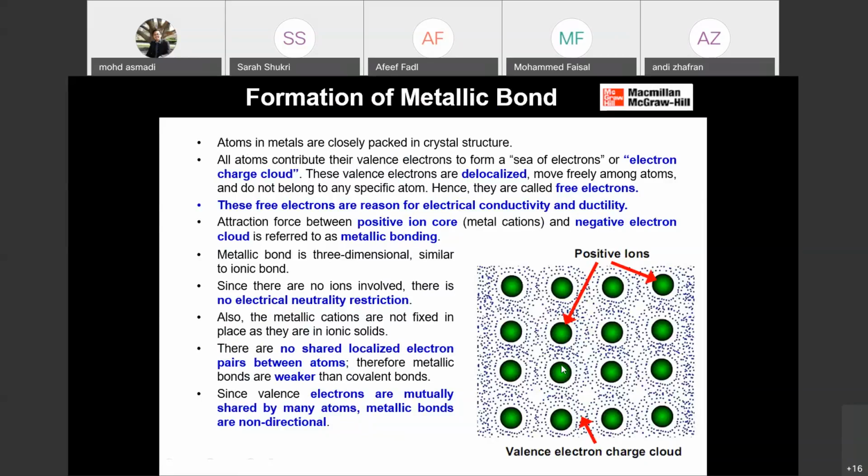Between positive and negative, this is what we call metallic bonding. It is three-dimensional, with no electrical neutrality restriction and no shared localized electron pairs between atoms. Electrons are mutually shared by many atoms, and metallic bonds are non-directional. This is all the information about metallic bonding.